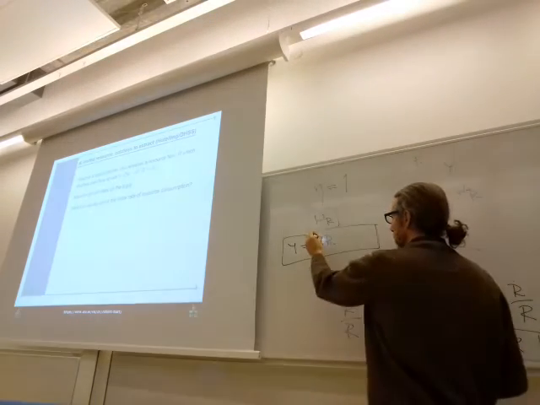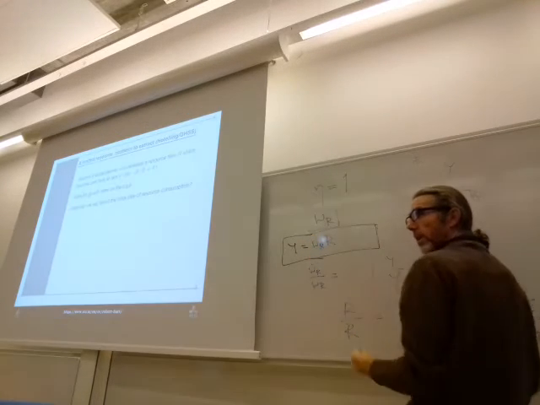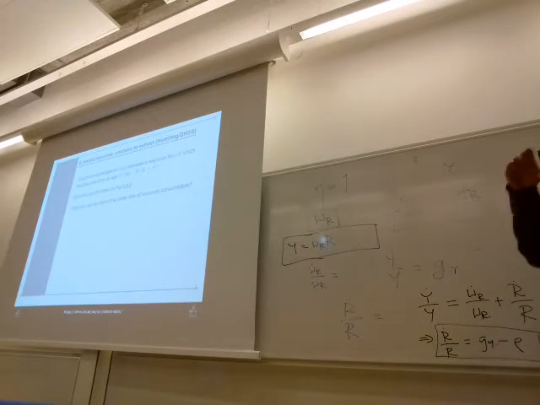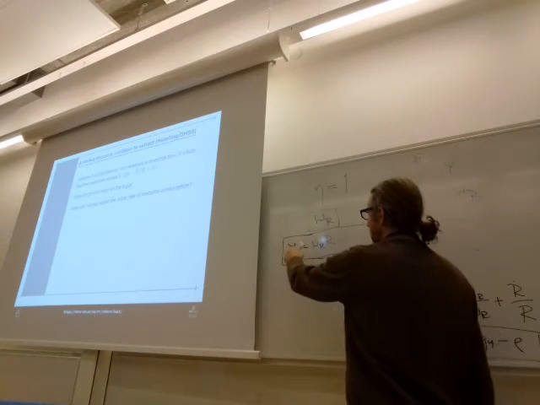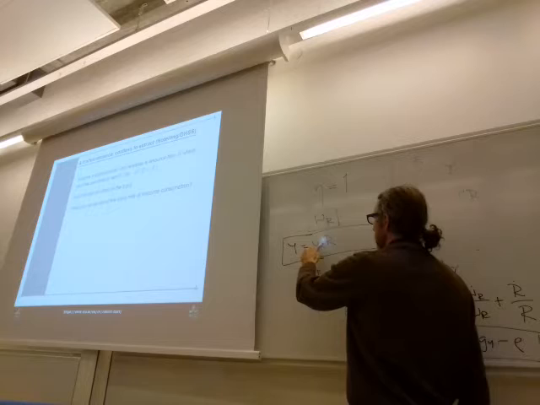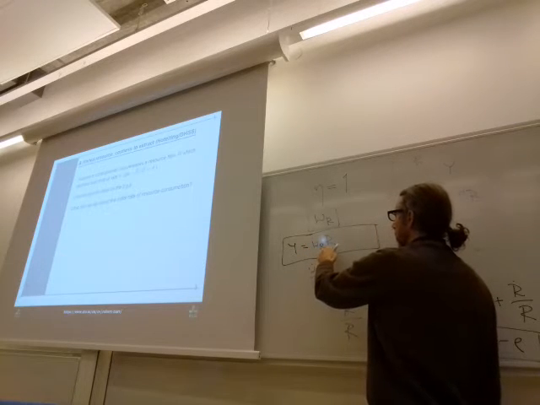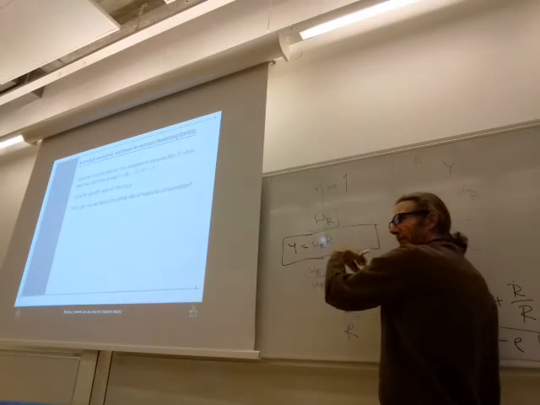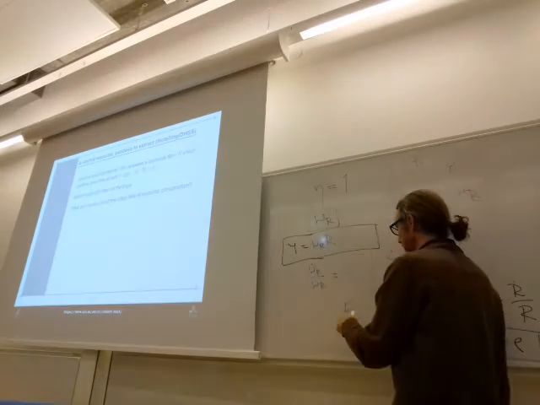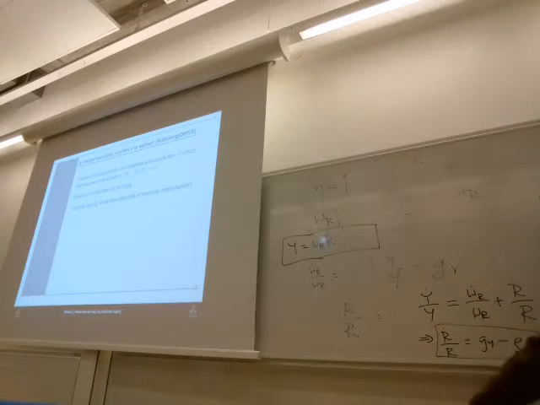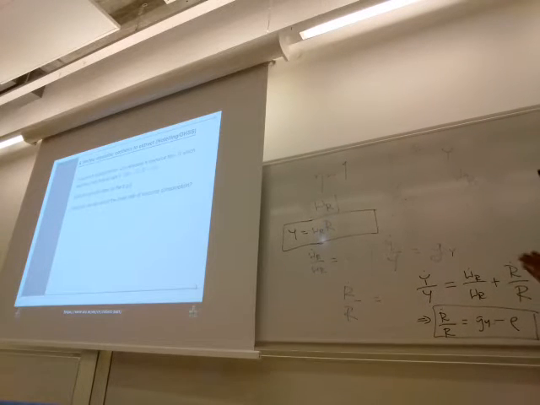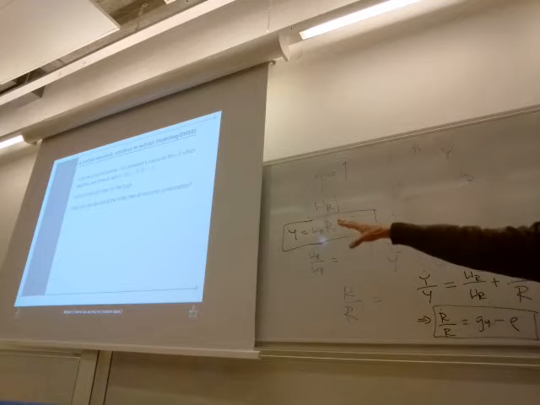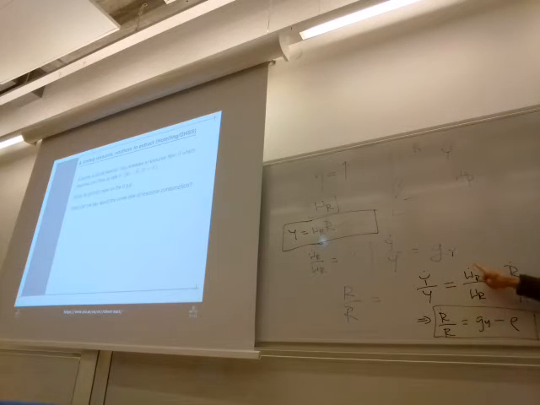But because these are raised to the power of 1, you just get that very simple result. You could do the math step by step and say dY/dt is WR times dR/dt plus R times dWR/dt, and then you could get very quickly to this.